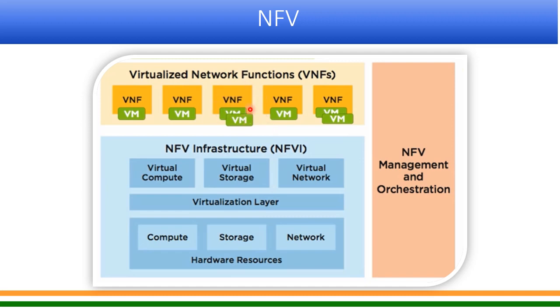Within the VNF you may have some part of the implementation in VM1 and some part in VM2. So one network function can be deployed on one virtual machine or more than one virtual machine. These are called VNFs, virtualized network functions.